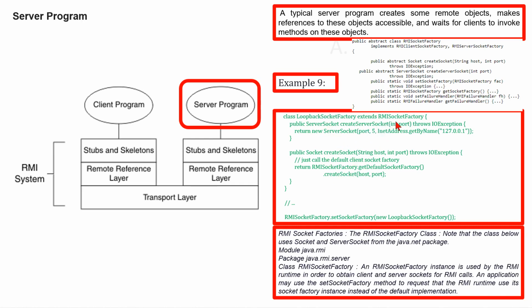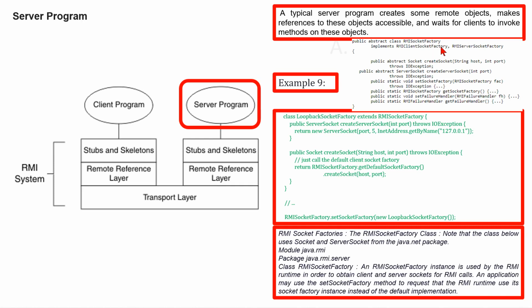The class RMISocketFactory: an RMISocketFactory instance is used by the RMI runtime in order to obtain the client and server sockets for RMI calls. An application may use the setSocketFactory method to request that the RMI runtime use its socket factory instance instead of the default implementation. This is in the package java.rmi.server, which is in the module java.rmi.